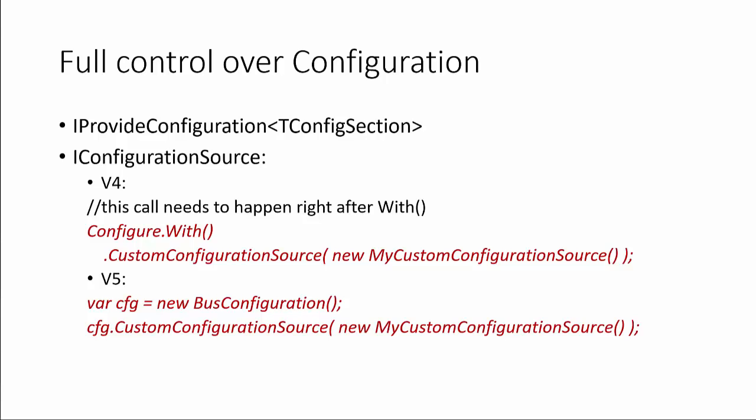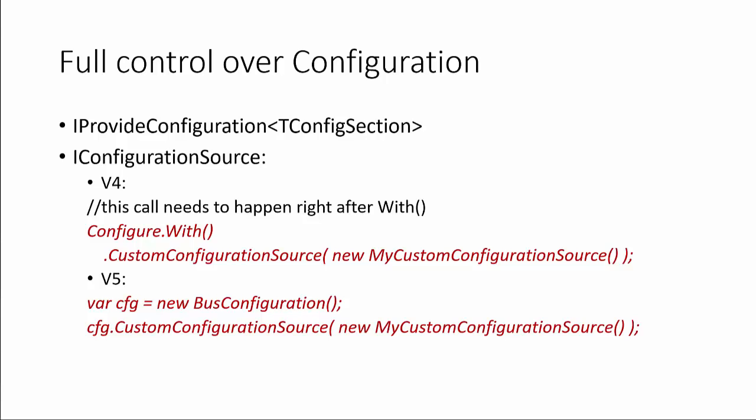In this case, we can define as many classes as we want that implement the IProvideConfiguration of some configuration section, or if we want to have full control over the configuration, we can provide NServiceBus an instance of a class that implements the IConfigurationSource interface.